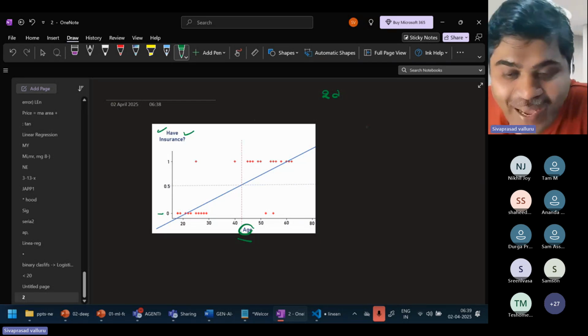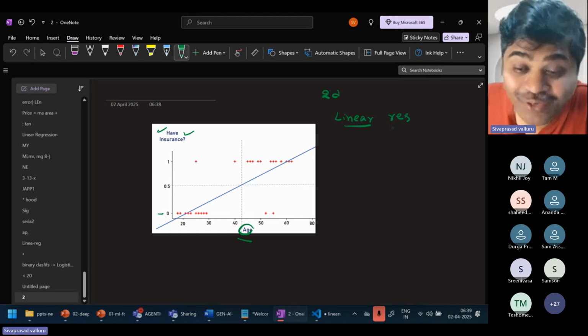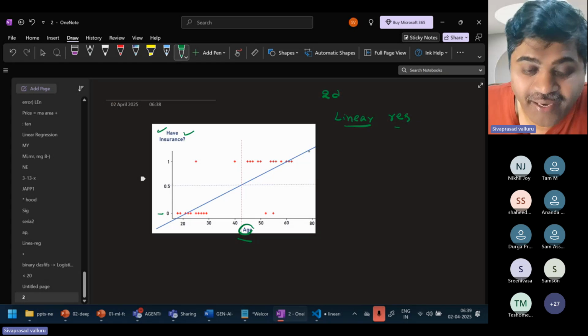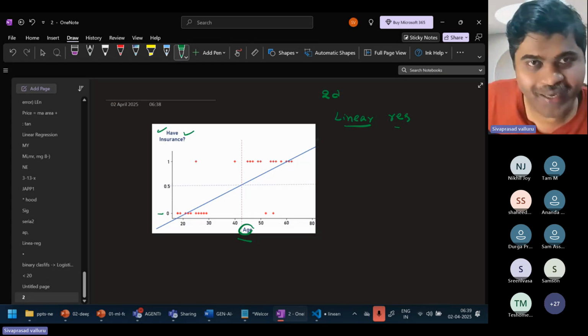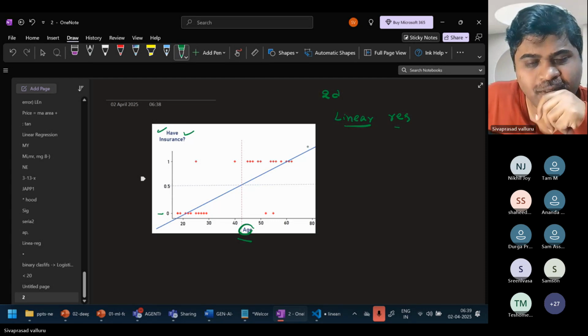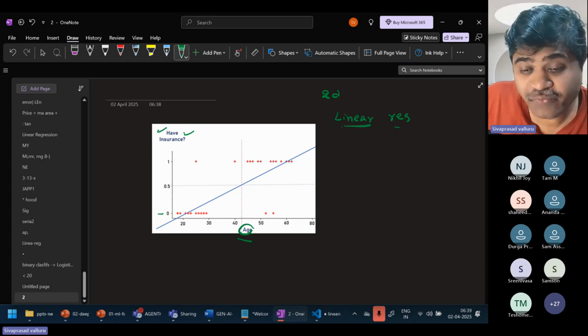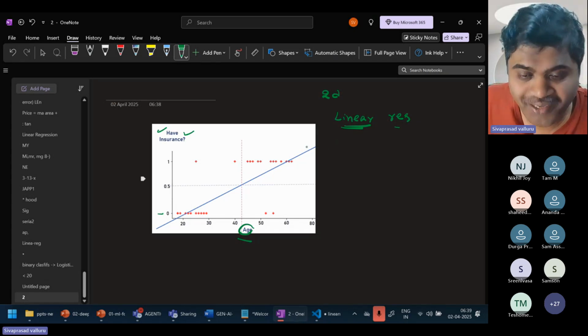If I try to apply linear regression for this, see, in linear regression what we do is we try to find a best fit line. It is not a perfect line, remember, it is a best fit line. So if I apply linear regression for this data also, yes, the algorithm will find a best fit line. This is the line, for example.